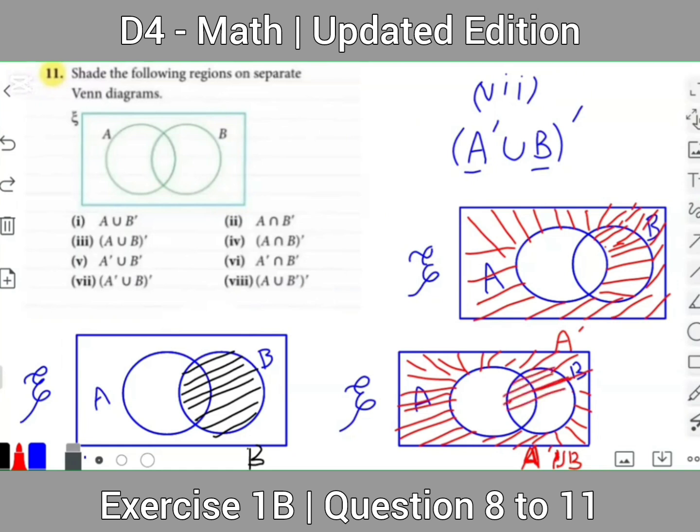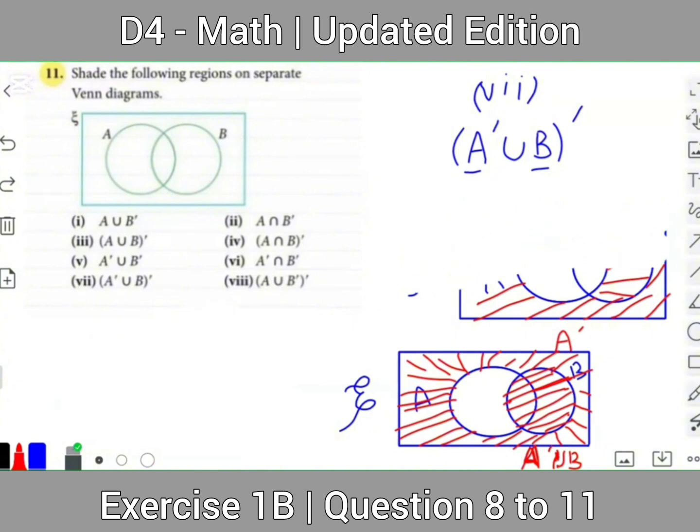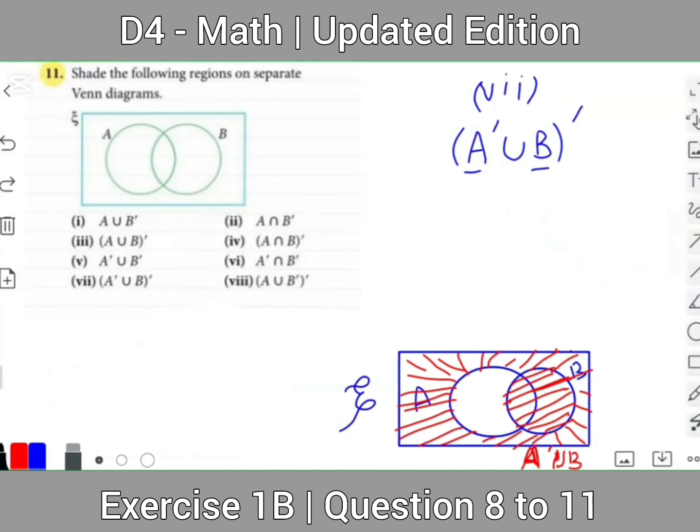It represents A complement union B. But our aim is to find out A complement union B complement.